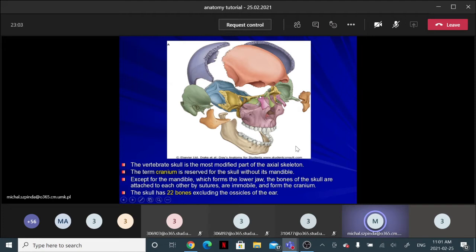In front of the sphenoid bone is the ethmoid. The ethmoid is involved in the lateral and medial walls of the nasal cavity.